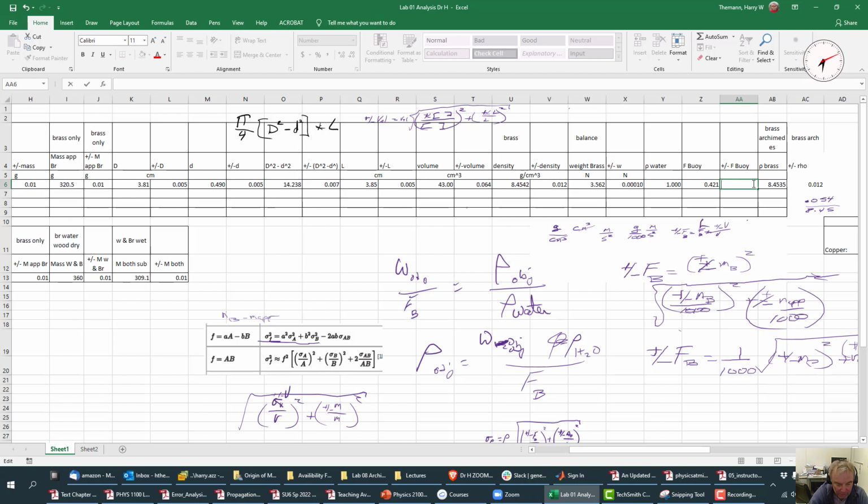Okay, equals square root of the plus minus mass brass squared plus the plus minus of the mass apparent squared, and then we have to divide by 1,000.